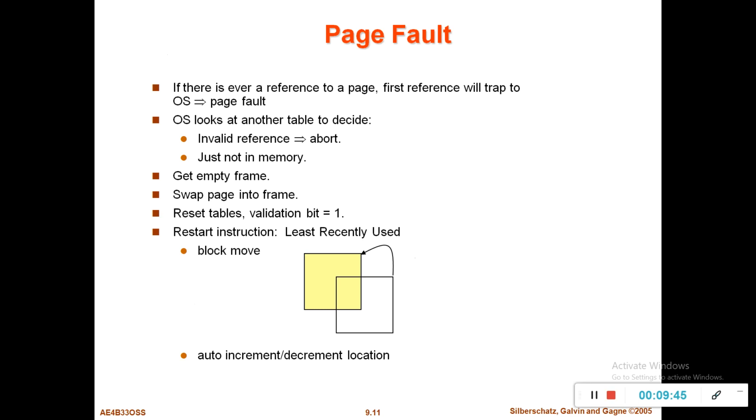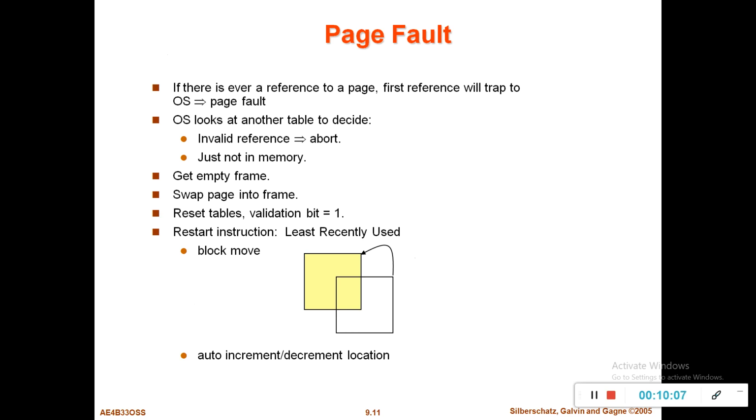If there is ever a reference to a page, the first reference will trap to the operating system. That means if there is an invalid reference to the page, or the page is not in the memory, then the operating system will raise an error called a page fault. When there is a page fault, the operating system looks at another table to decide whether it is an invalid reference.